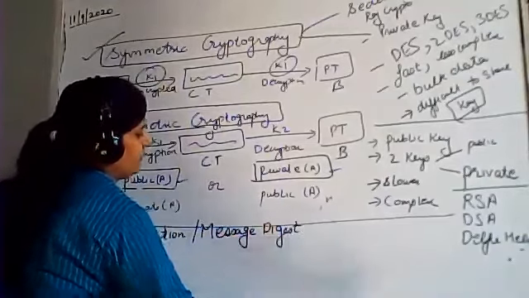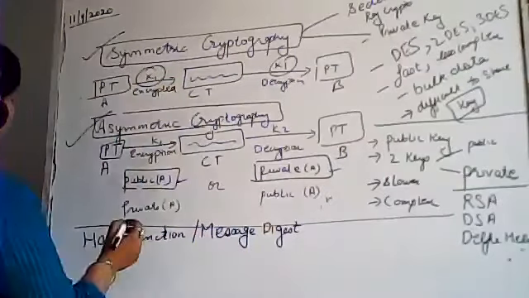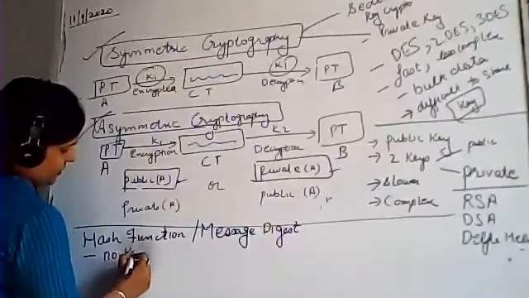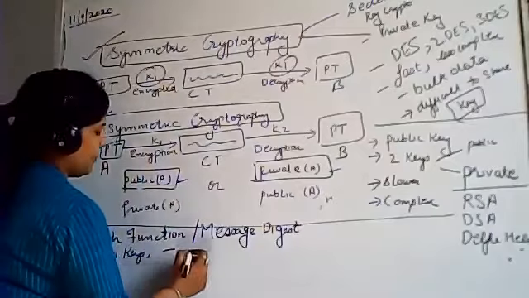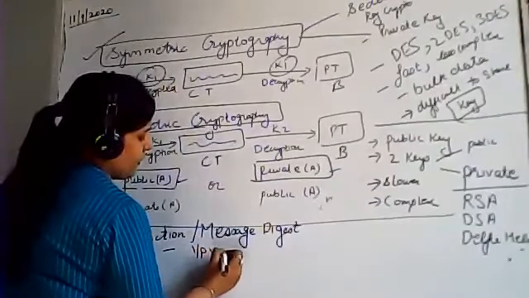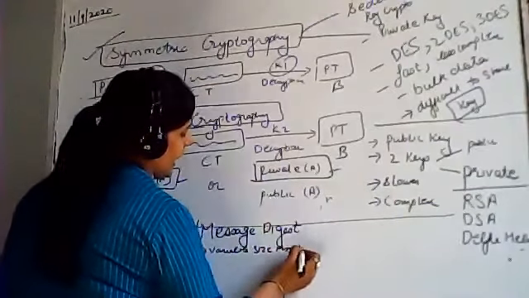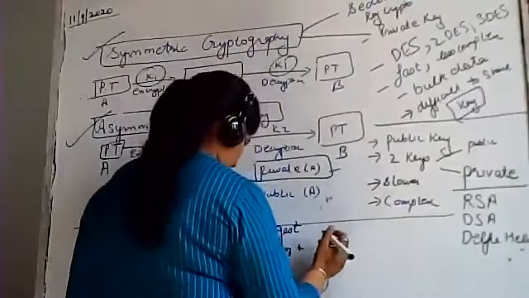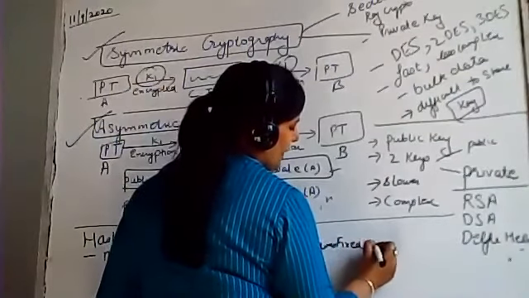These are terms that we use in this case. In a hash function or message digest, we don't use any type of keys. It takes as input a variable size message, and it converts it and gives you a fixed size output.